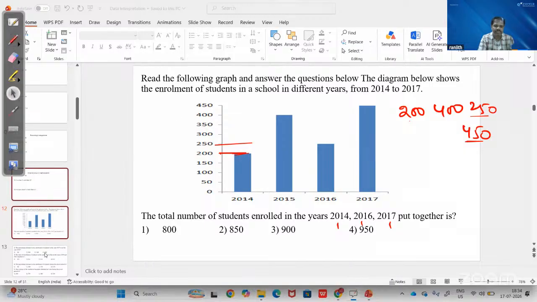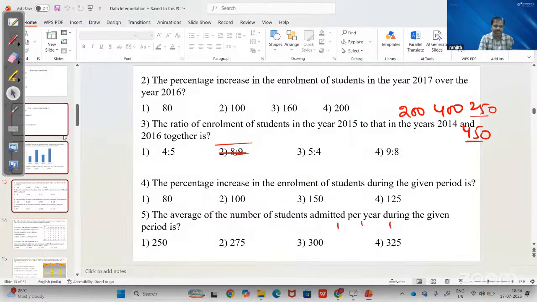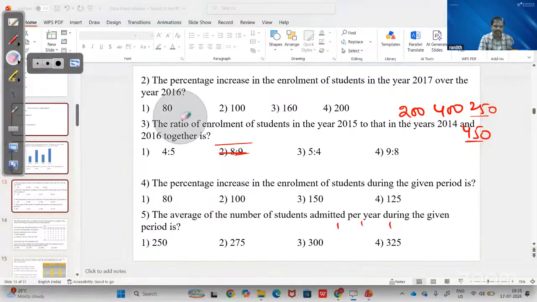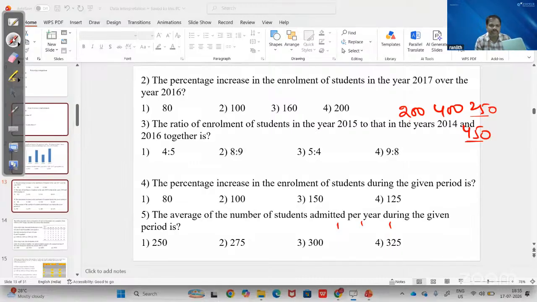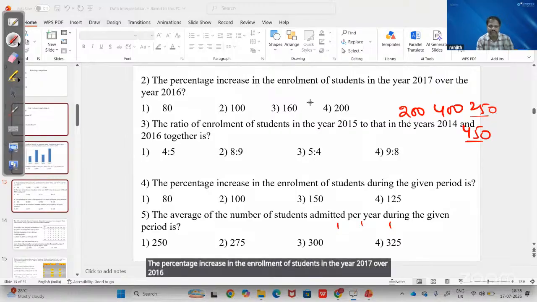And the next question: the percentage increase in the enrollment of students in the year 2017 over 2016. 2016 is 250, 2017 is 450.